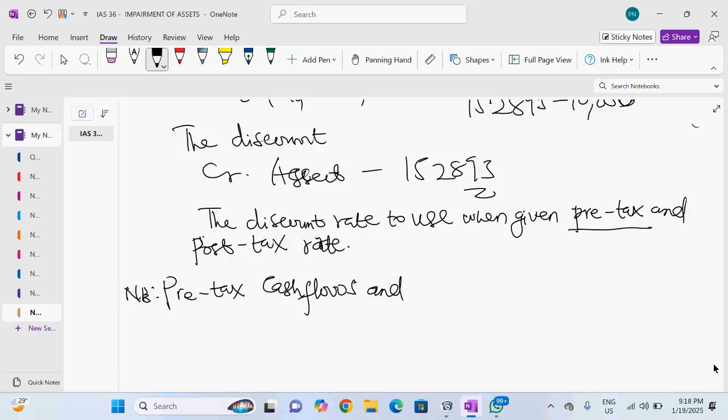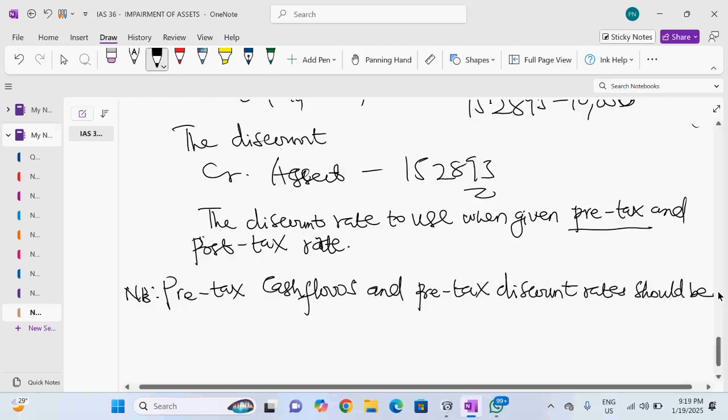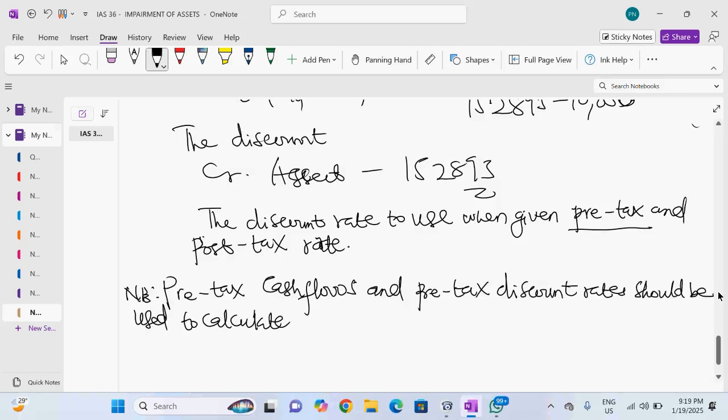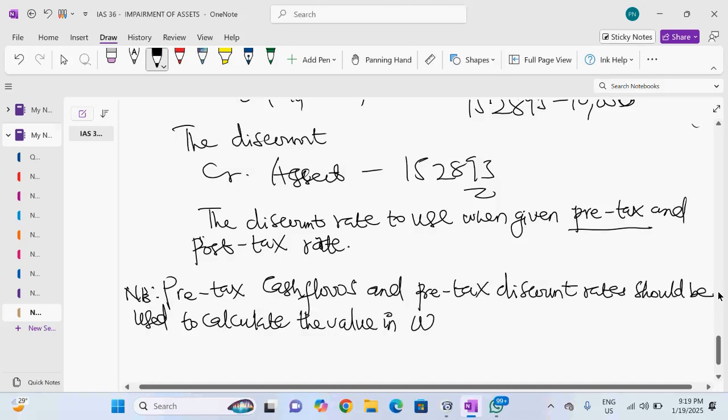Pre-tax cash flows and pre-tax discount rates should be used to calculate the value in use.